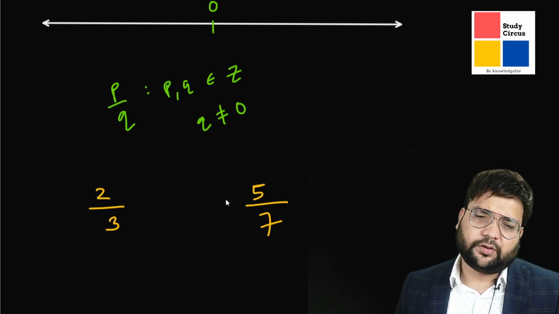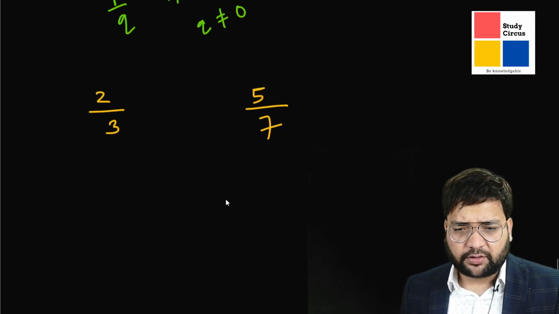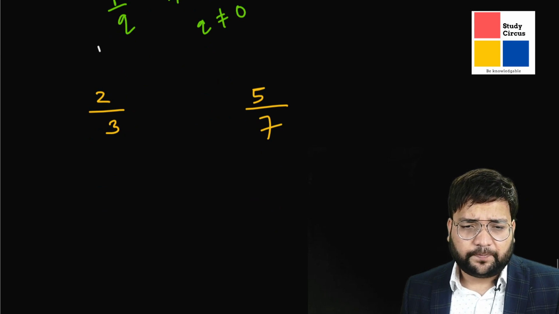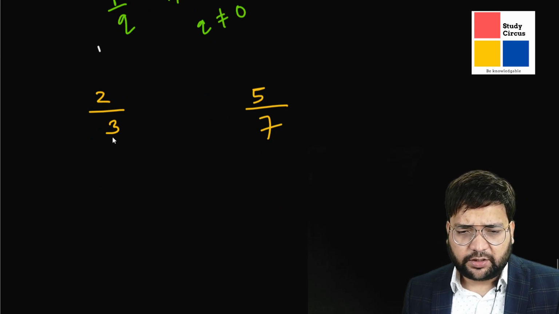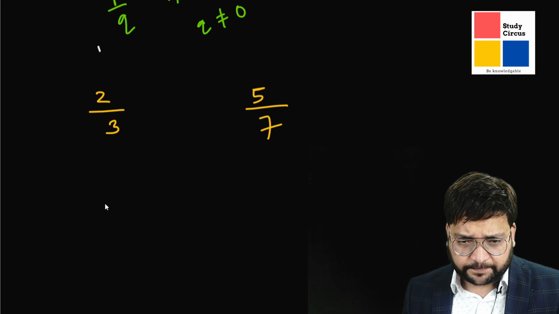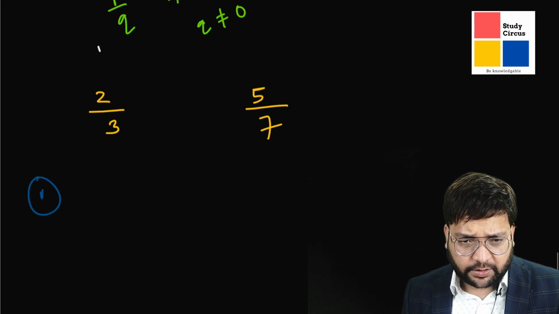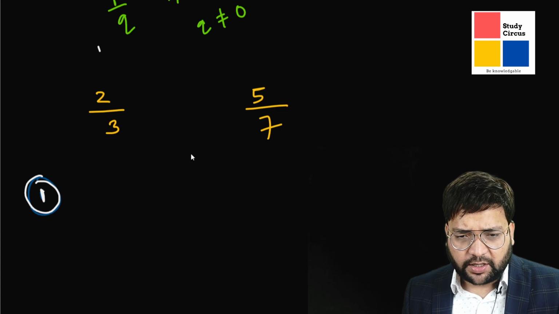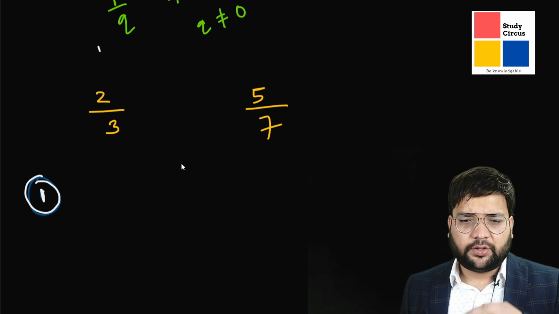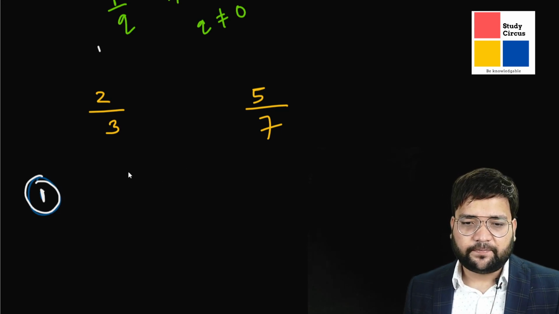There can be many ways to find this out. One method, the first method, is to make the denominator the same.